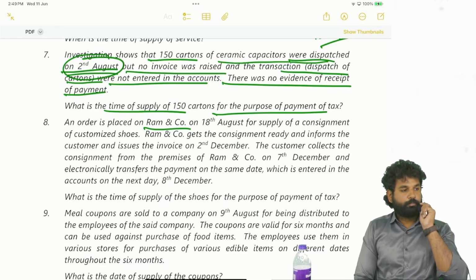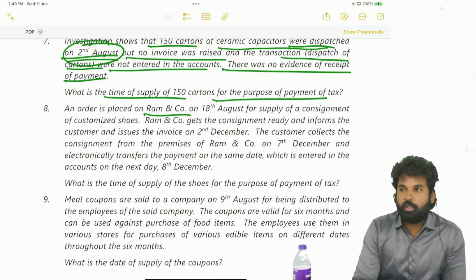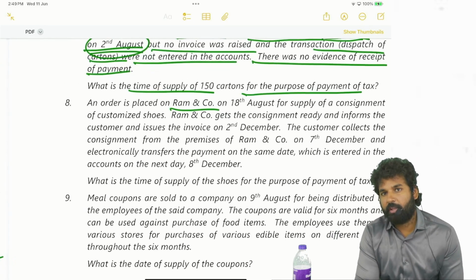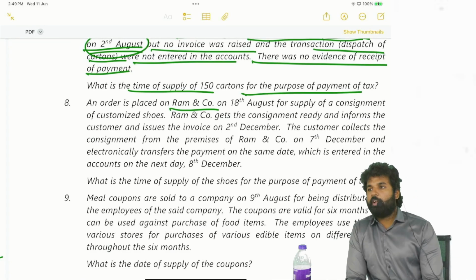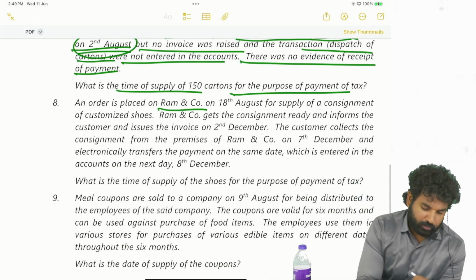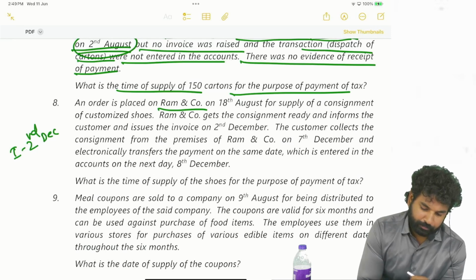Tell me. See, first of all, is 18th August the relevant date or irrelevant? Irrelevant. The date of placing of order is irrelevant. Nowhere is it there. Okay. Now, date of invoice is there. What is that? 2nd December. Next, date of payment is there.